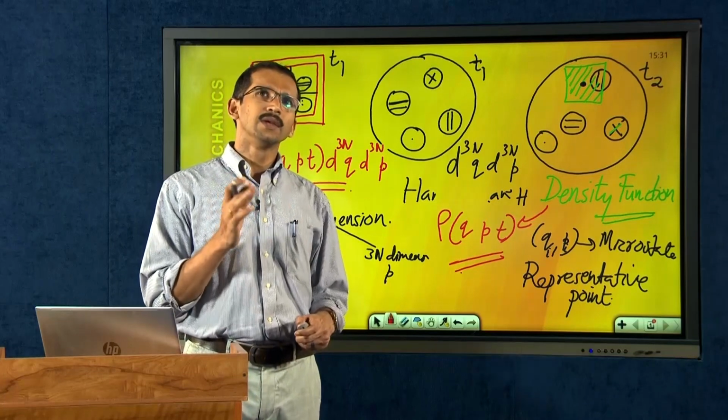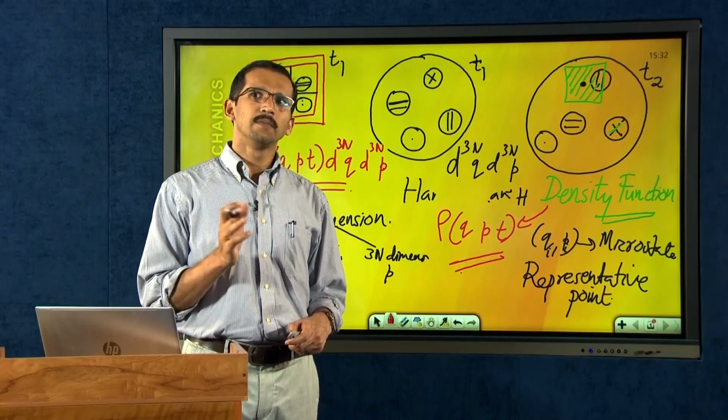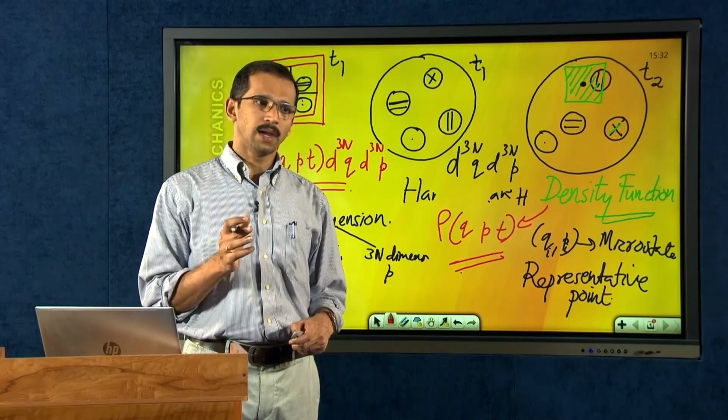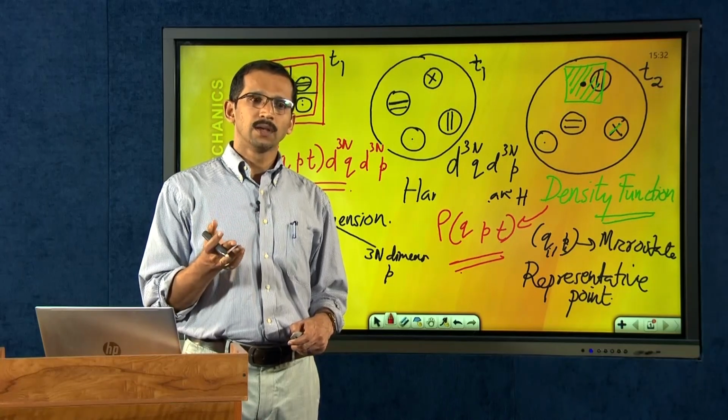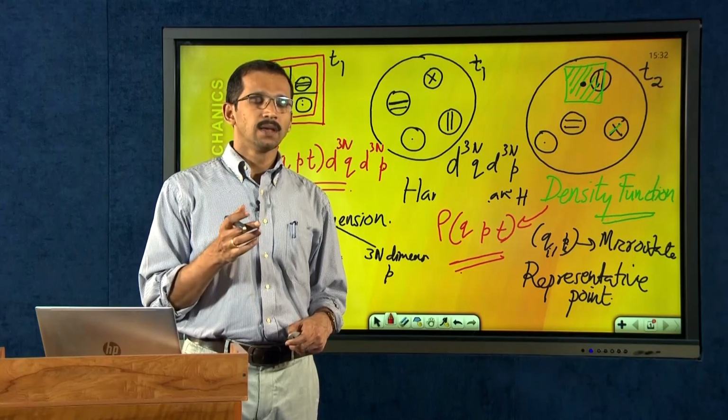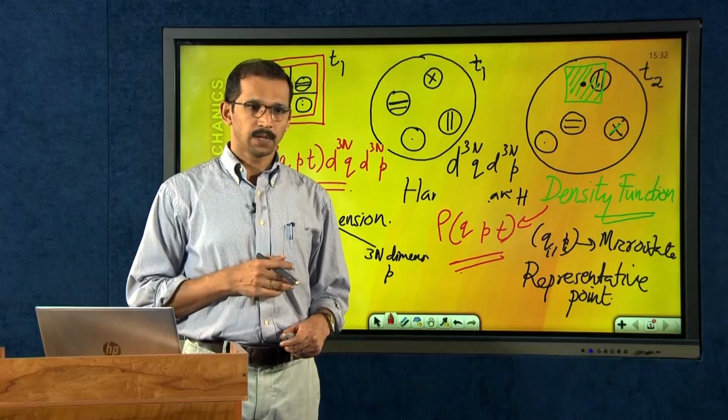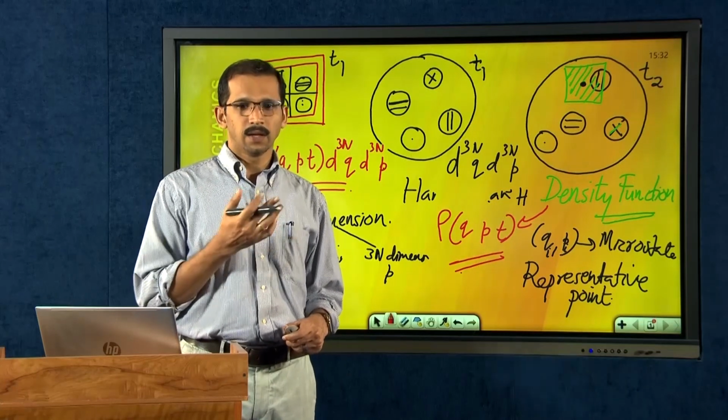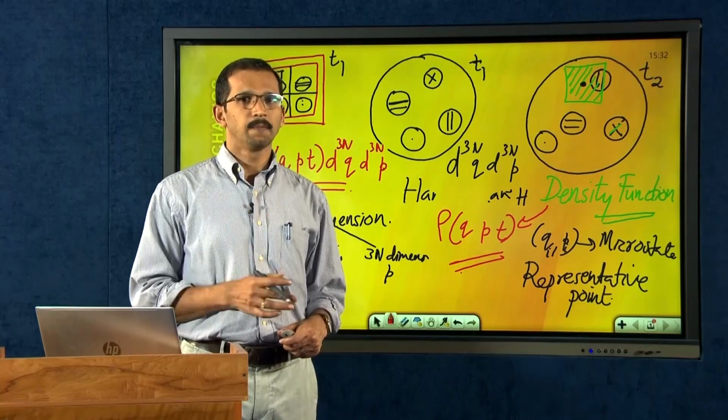Now the density function almost becomes an identity for the microstates in an ensemble. So, it becomes an easier representative tool basically.